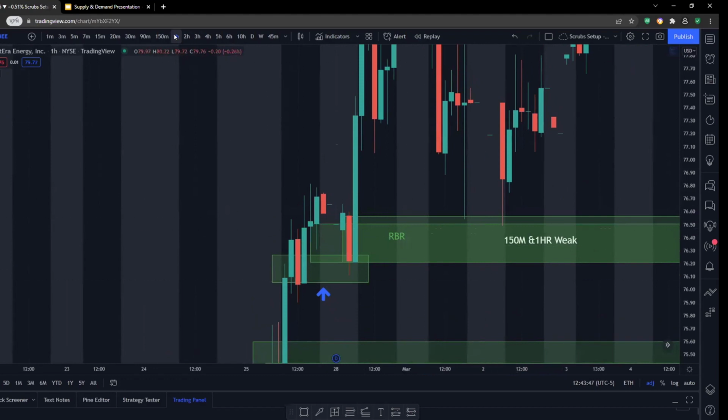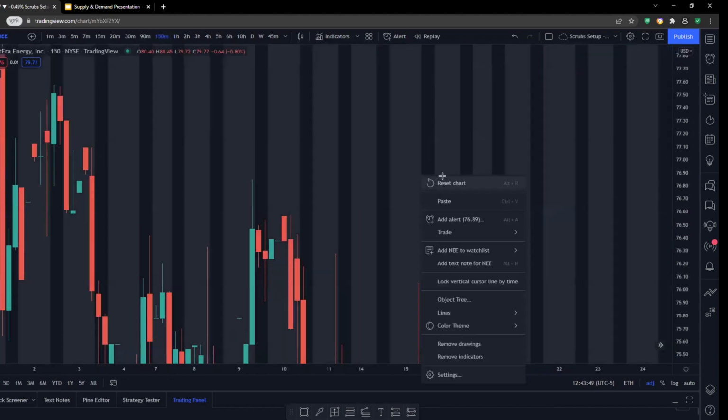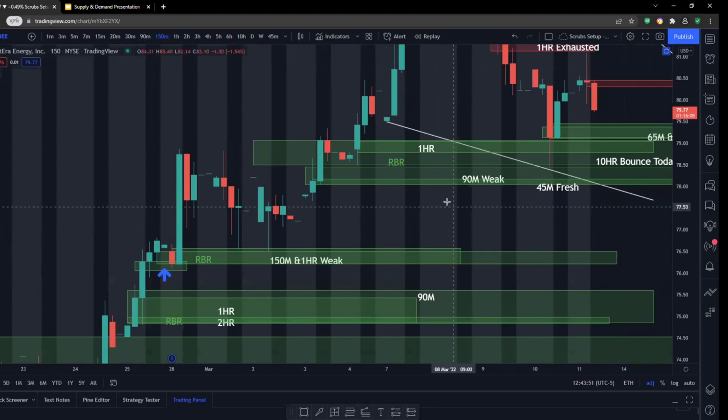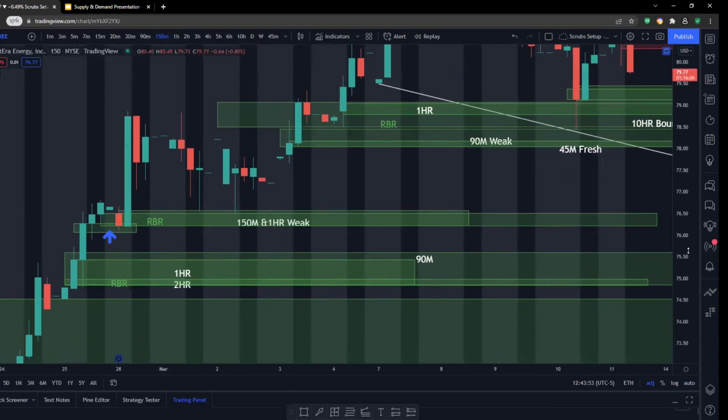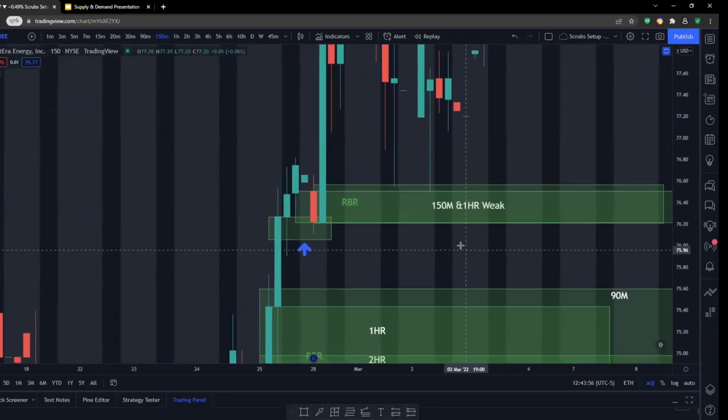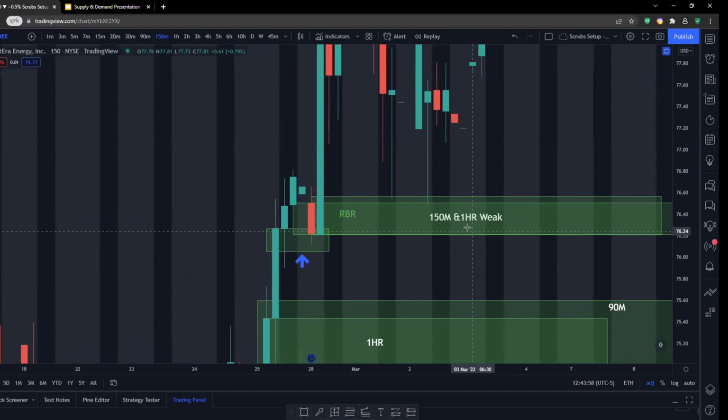So then we also found this on the 150-minute chart down here. The reason I marked it as weak is because the price action has already triggered buy orders 2 separate times, right? So this is then becoming weak.